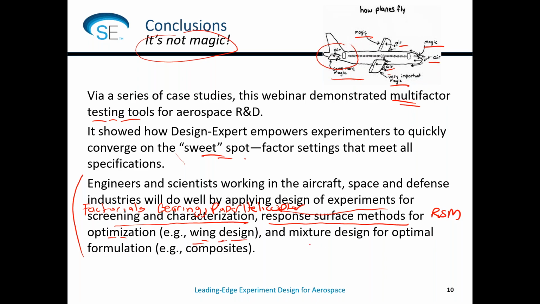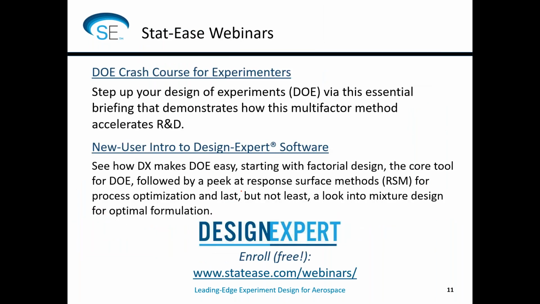Then we looked at mixture design, and it was actually a combined optimal design that looked at categoric materials for the composites. So hopefully this gave you a good demonstration of the different types of things that can be done using the tool of design of experiments and response surface methods and mixture design, and using Design-Expert to accomplish that makes it really easy.